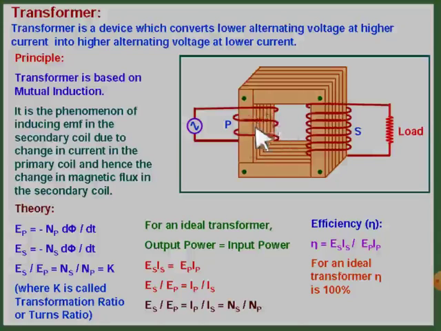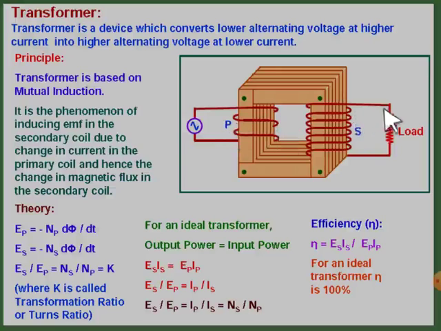Now the laminated soft iron core is made in this way, and one coil is wound on one side of the rectangular core, and the other coil is wound on the other side of the rectangular soft iron core. Wherever the input is fed, that coil is known as the primary coil. So this is the input AC, and this input coil we call the primary coil.